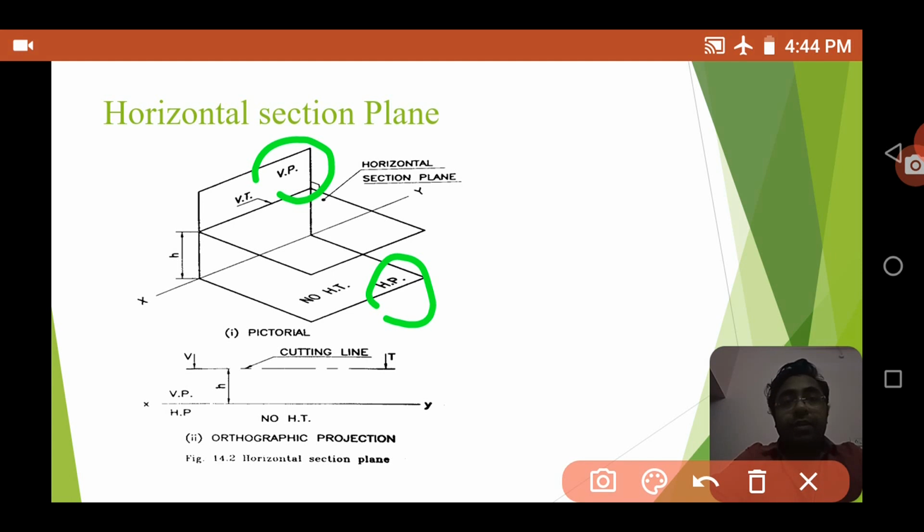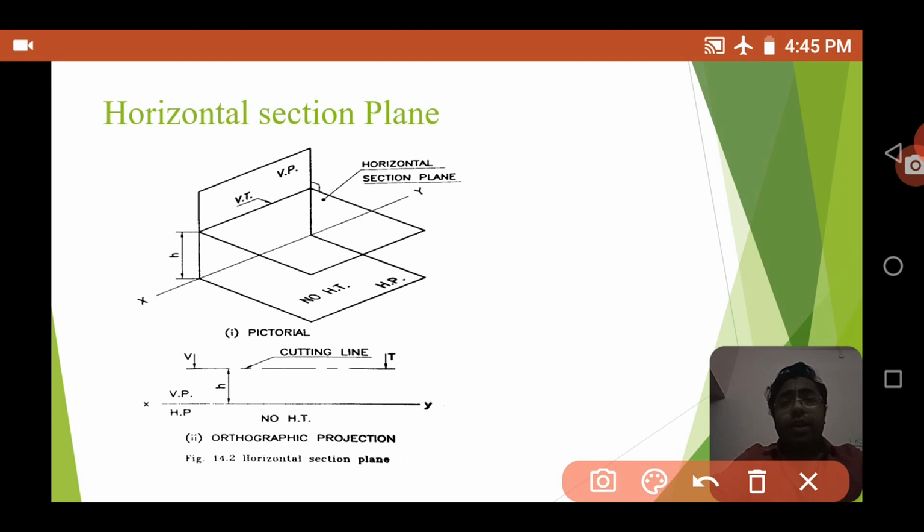This one is our horizontal section plane. It is perpendicular to VP and parallel to HP. So our cutting plane is perpendicular to the vertical plane and parallel to the horizontal plane, and there is no horizontal trace, but there is a vertical trace.